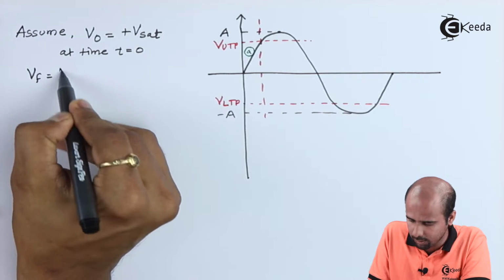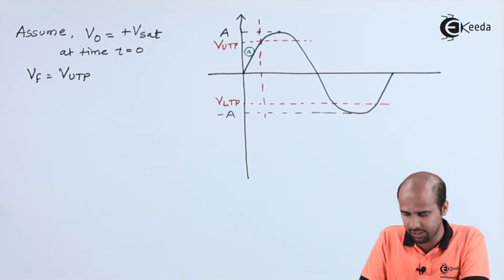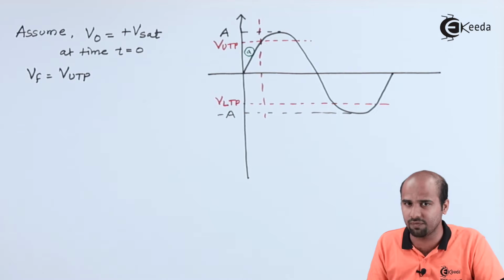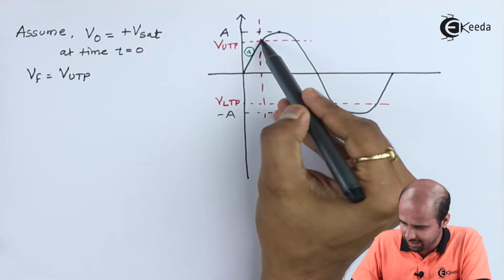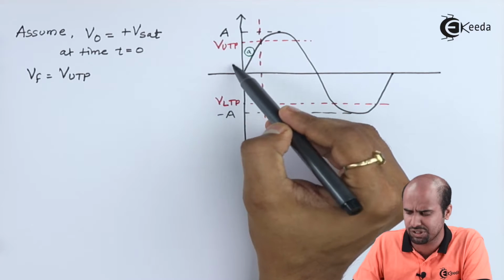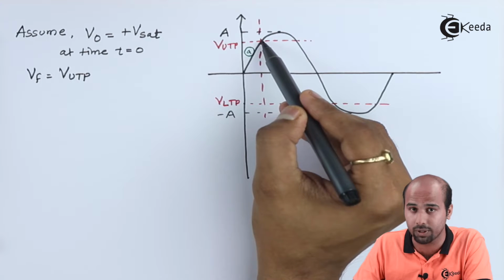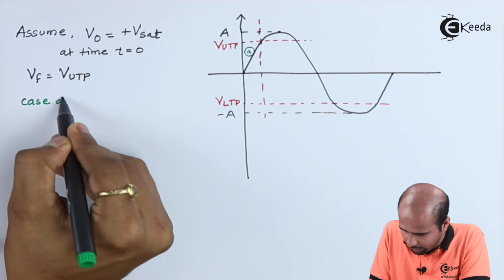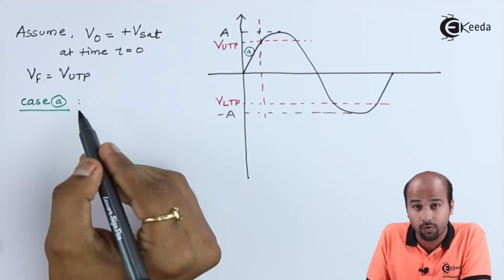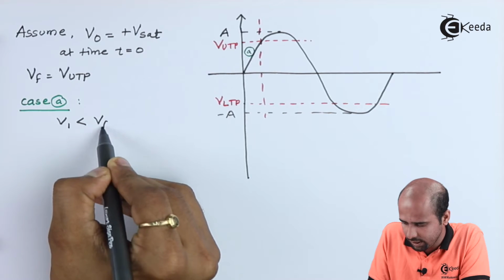At time t equal to 0, we have VO equal to plus VSAT, so VF will become VUTP, right? Now we have to compare the value of V1 with respect to the value of VF, that is VUTP. In region A, I am getting V1 which is less than VUTP, that is, in case A, V1 is less than VF.